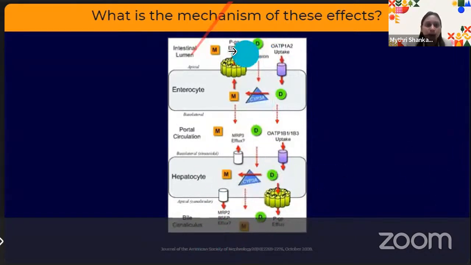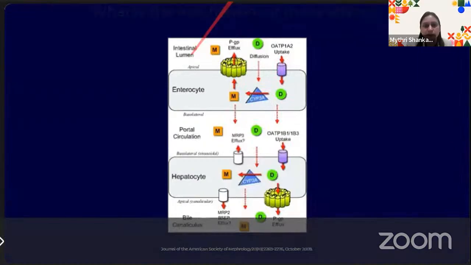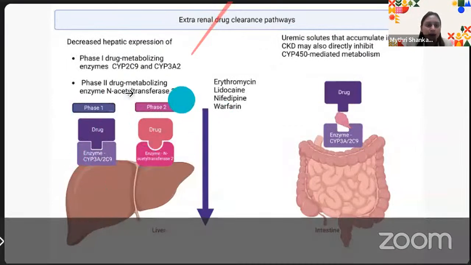So all these P-glycoprotein efflux, organic anion transporter, and cytochrome levels are reduced in patients with kidney disease. You can see here that there is decreased hepatic expression of phase 1 and phase 2 drug-metabolizing enzymes. And also these uremic solutes come in between the binding site of the drug and the enzyme.